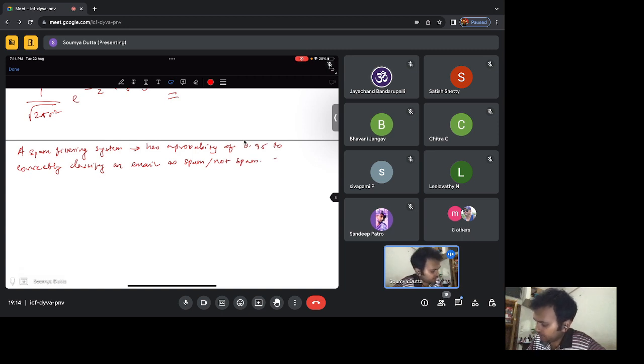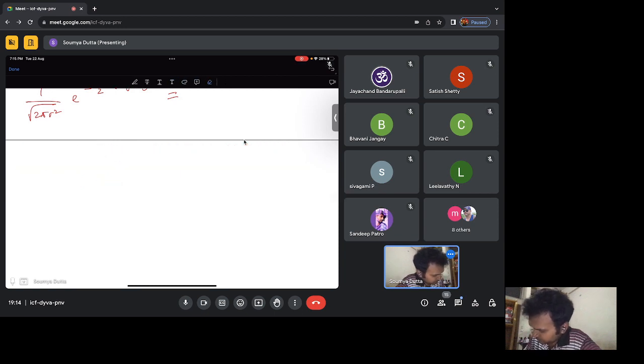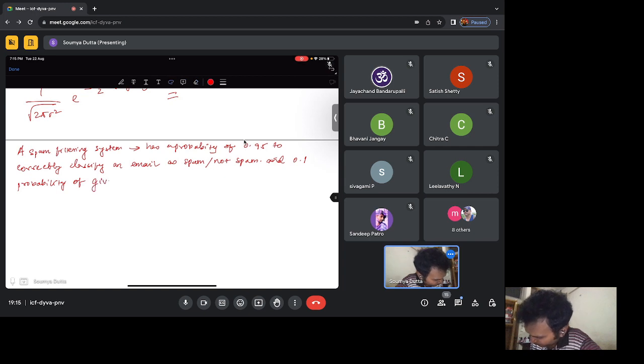And 0.1 probability of giving false positives. FP is for false positive. Now it is estimated that 1% of the mails are actual spams.